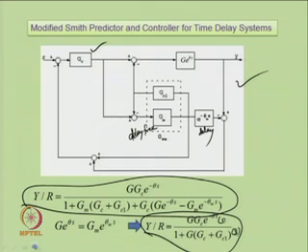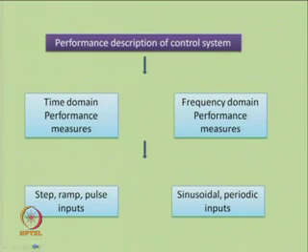Now, we shall discuss performance description of control systems. Time domain performance measures of control systems can be observed easily from the time responses of systems. Similarly, the frequency domain performance measures may not be apparent directly from the frequency responses of a closed loop control system.